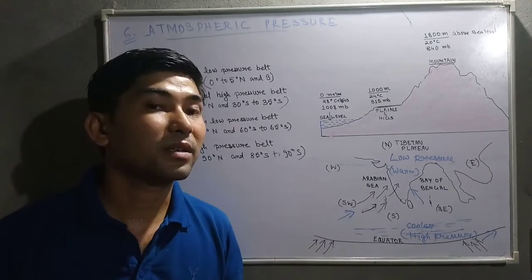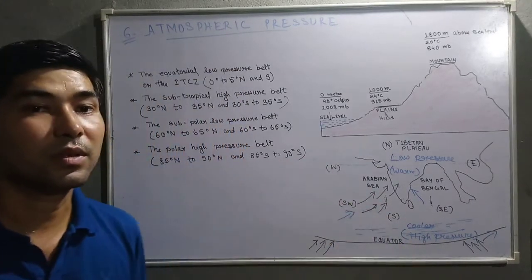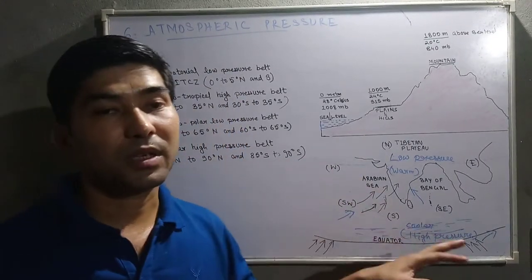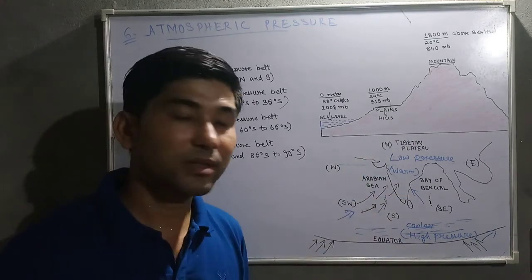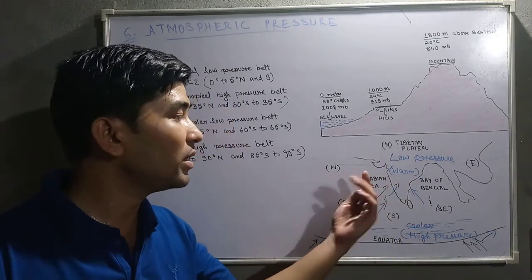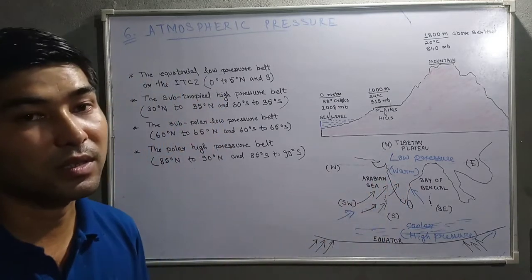Due to this, the air transfers from high pressure to low pressure, that is, from the ocean to the land. And at night, the land gets cooler faster and the wind from the land comes and joins the sea.